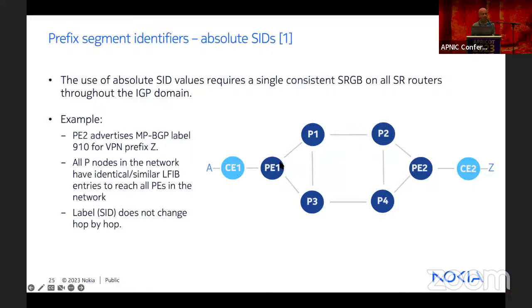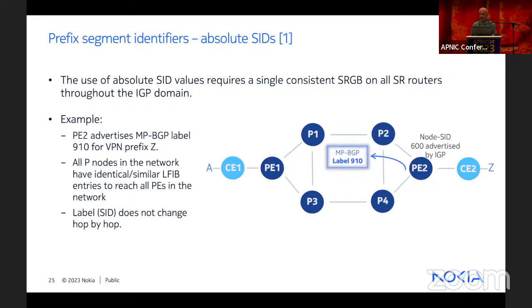So on PE1, we would have a VPN constructed. This VPN has CE2 as a member, so it's participating in that VPN. It's a very simple network. In this example, let's just say PE2 is configured with a node SID of 600, which is advertised by the IGP.